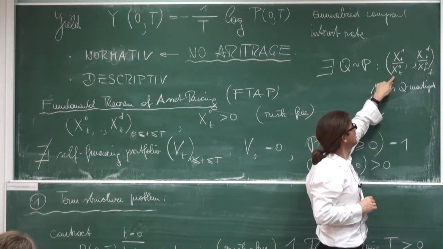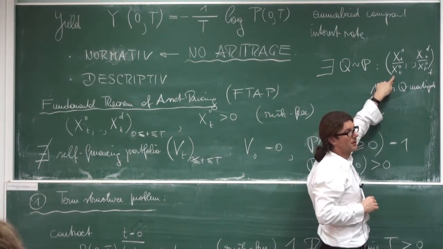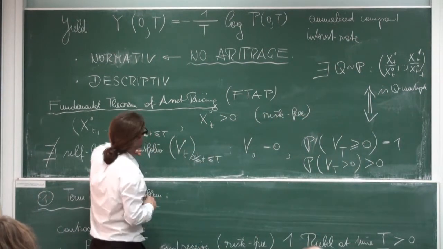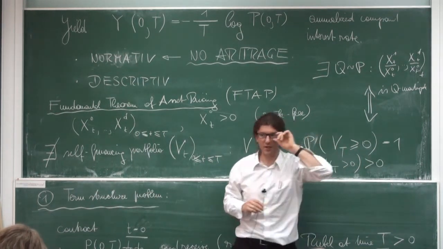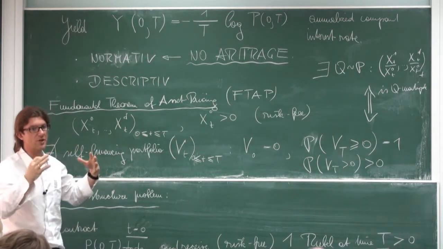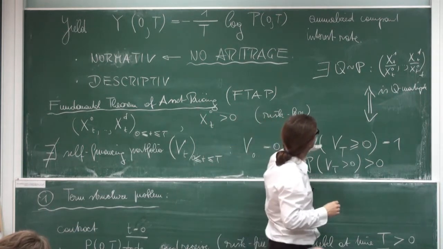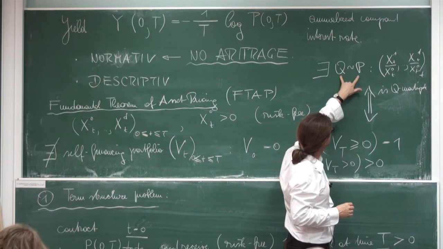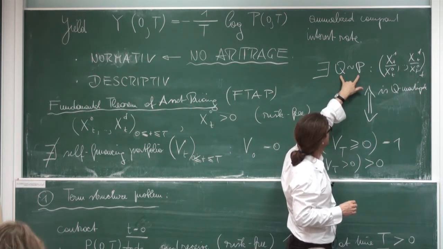And usually we are not even modeling with respect to P. We are right away modeling with respect to this martingale measure. Why do we do that? Because from the point of view of measurement, of observation of a stochastic process, the most difficult quantity to observe is this difference between the martingale measure and the real world measure.